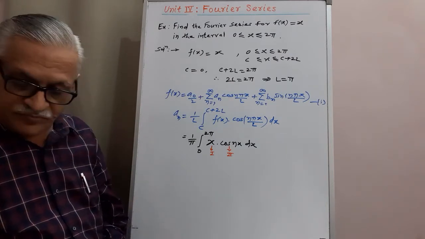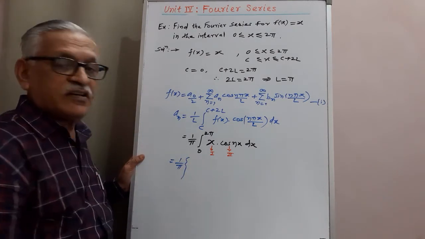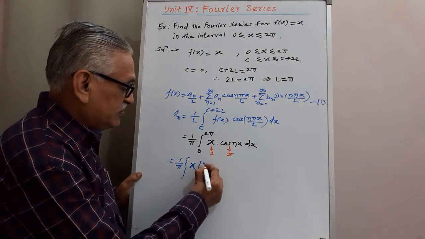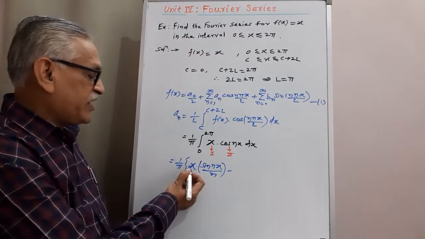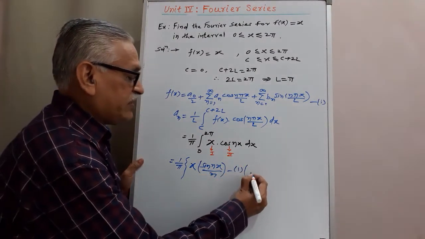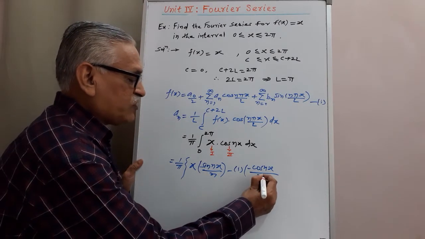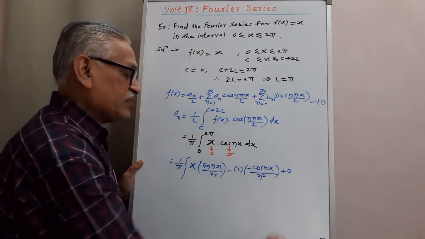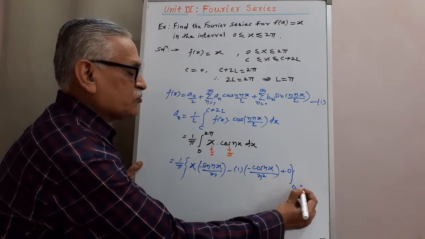Applying the generalized rule, it is 1 by pi: first term as it is, x, integration of the second, integration of cos is sine of nx by n, then minus derivative of x, which is 1, times the next integration, integration of sine is minus cos divided by n, and with the previous n it becomes n square, plus the next derivative of the constant term 1, which is 0, so we stop here, and then the limits are from 0 to 2 pi.